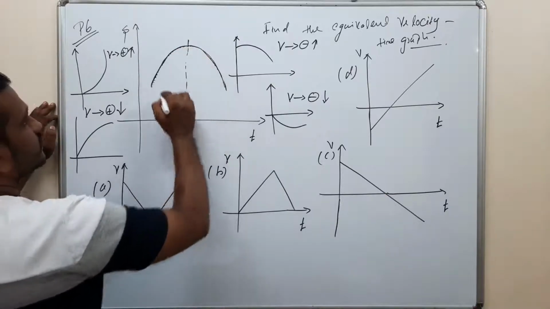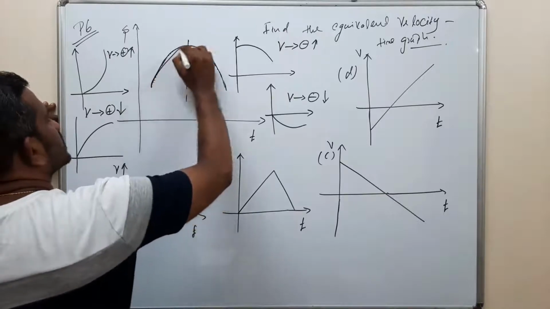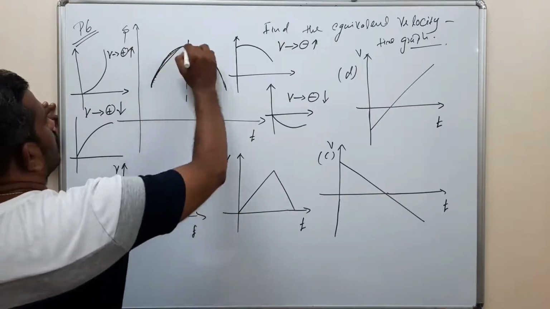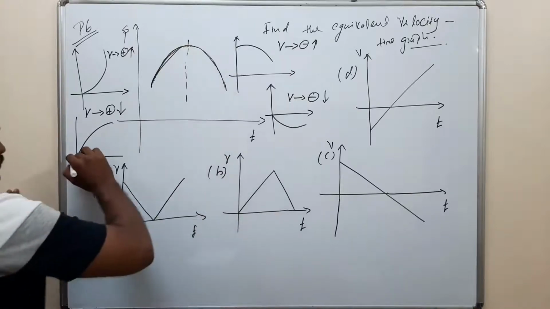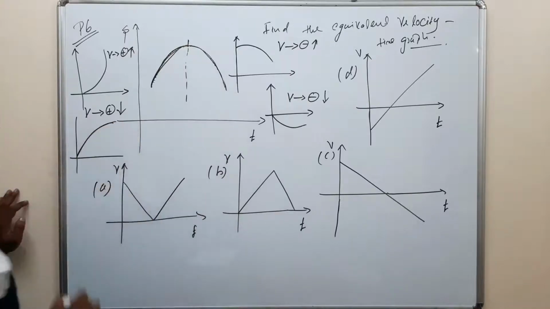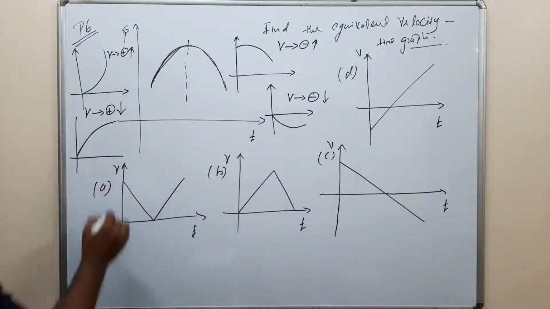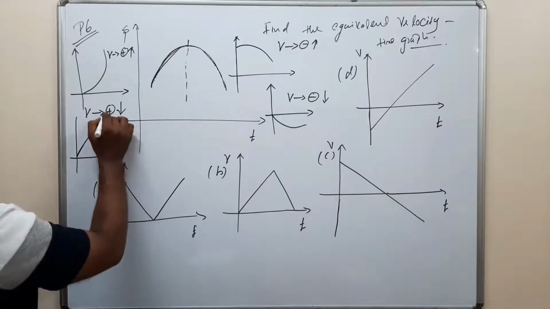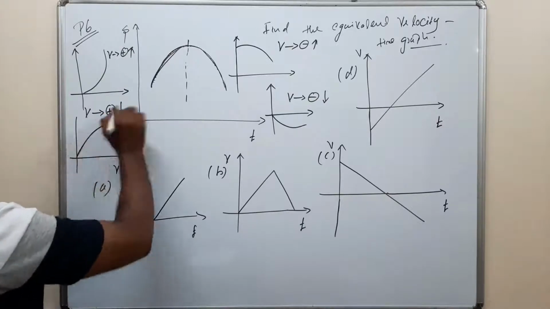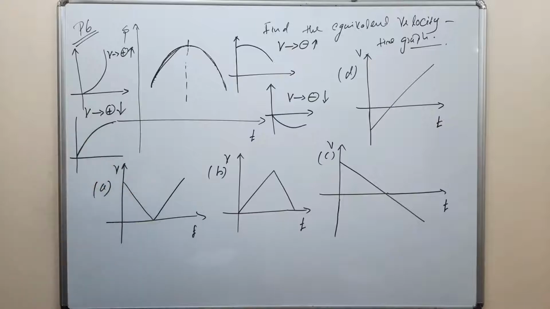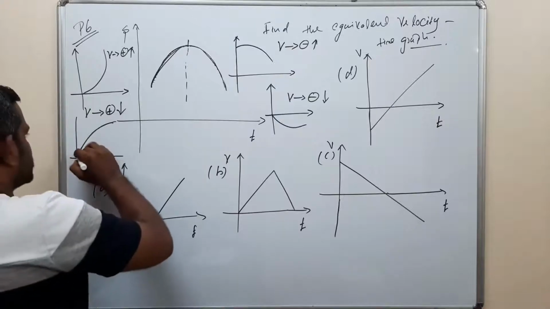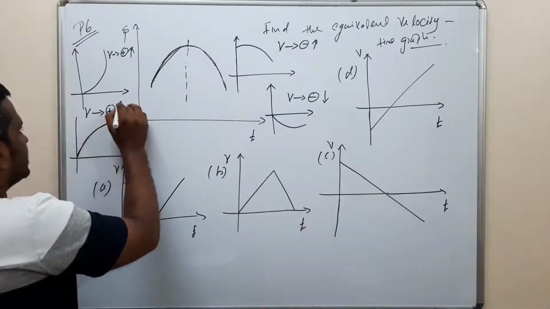The first part is like this. This part is velocity positive. If the curve is concave downwards, that is velocity positive decreasing.